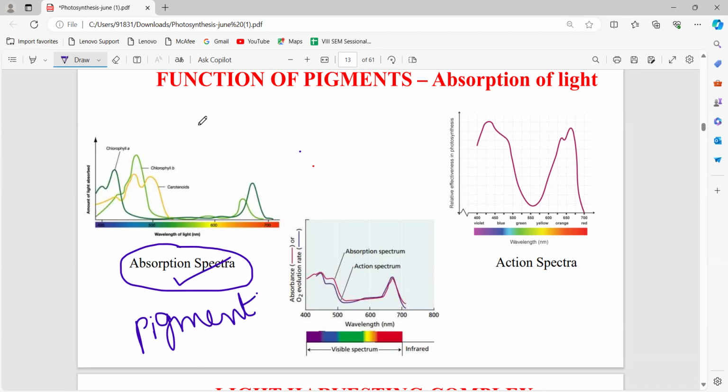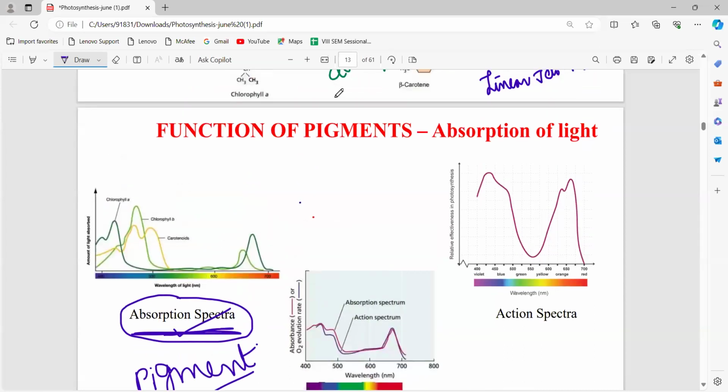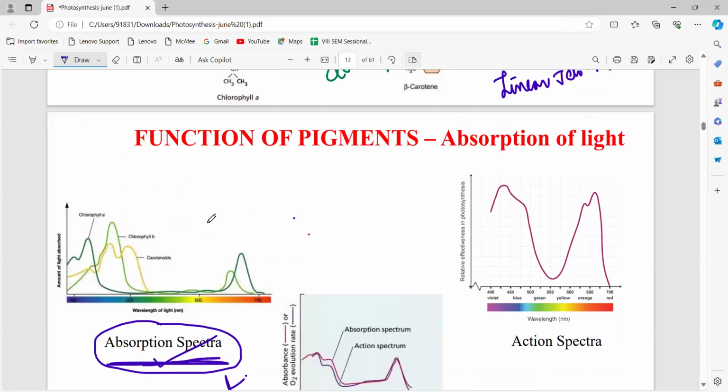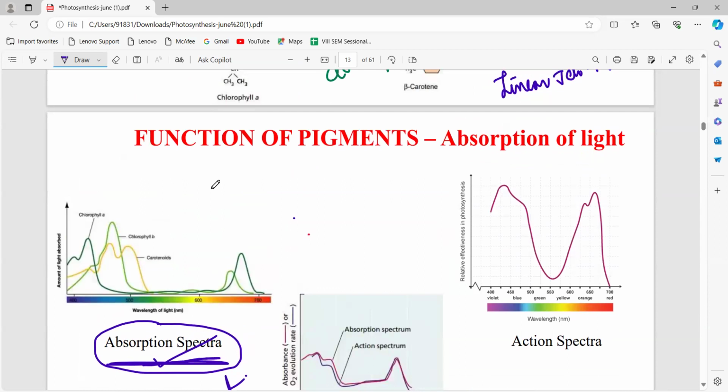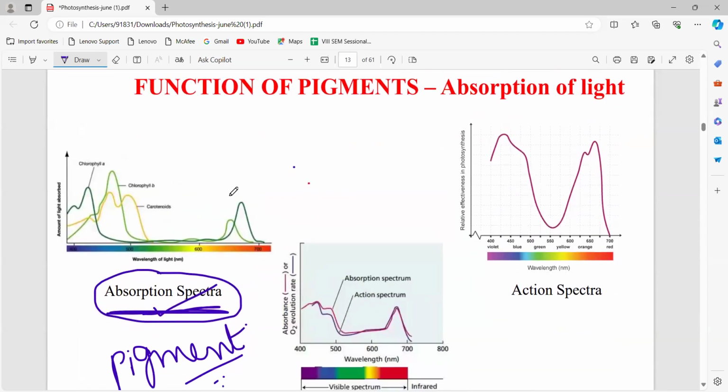It explains at which particular wavelength the particular pigment absorbs the maximum amount of light. That is what we call the absorption spectra. Now, if you ask me whether every pigment has the same absorption spectra, that statement itself is wrong. Every pigment does not have the same absorption spectra.